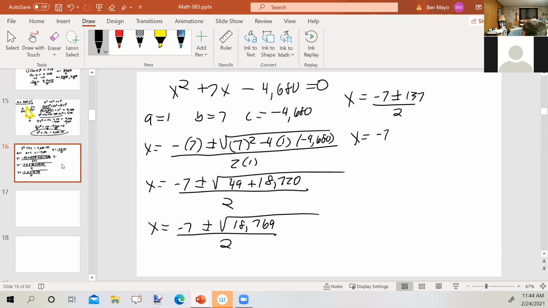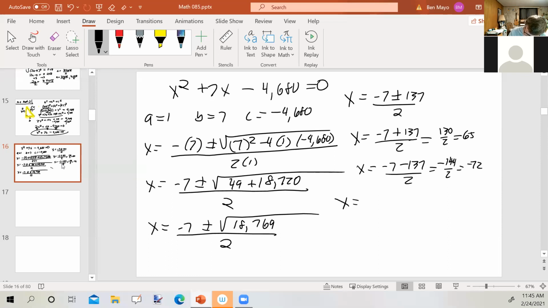Negative 7 plus 137 is 130, divided by 2 is 65. Negative 7 minus 137 is negative 144, divided by 2 is negative 72. So x is 65, x is negative 72.